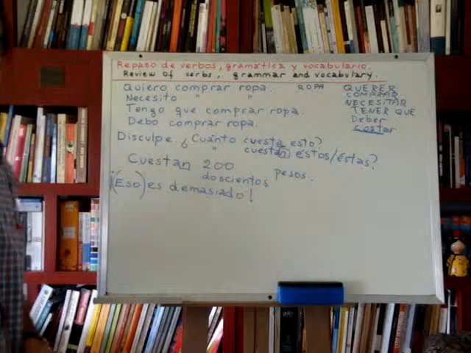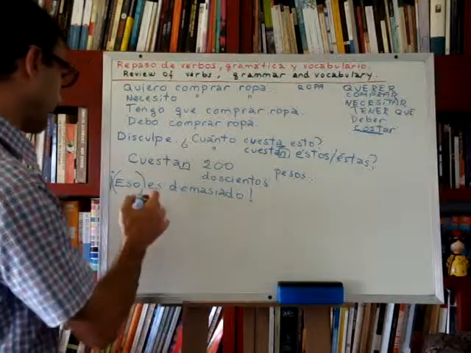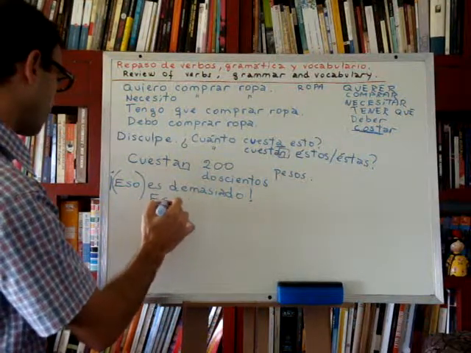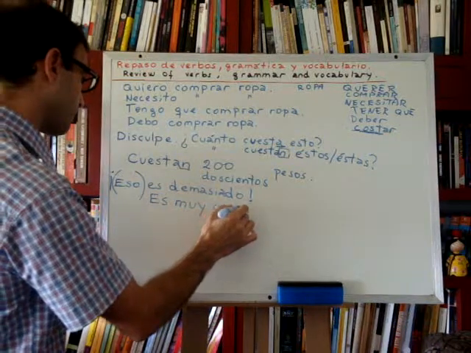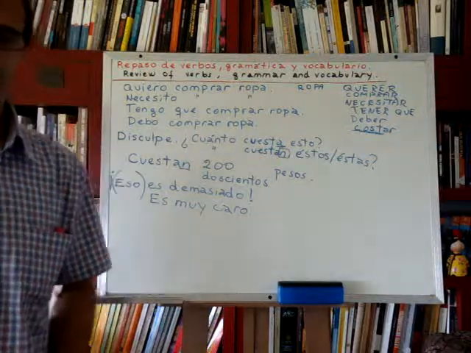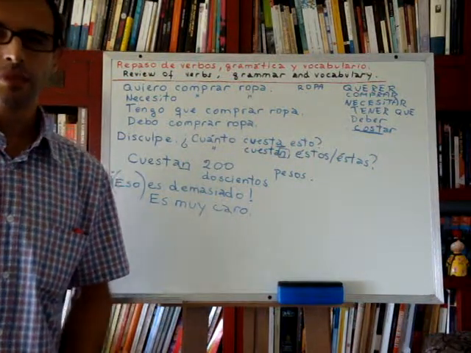It is very expensive. Or that's very expensive. Again, we will omit the subject and we'll say es muy caro. It's very expensive. And the salesman will say it's not expensive.